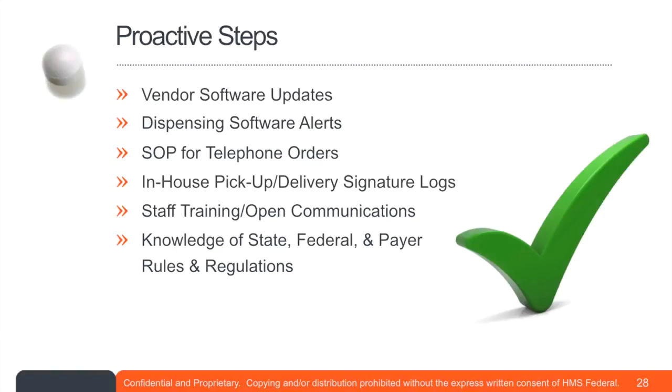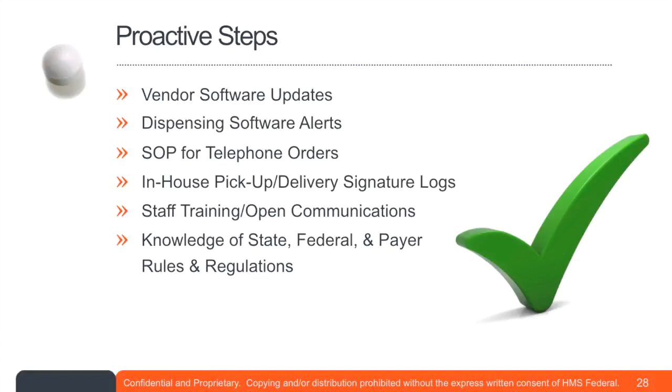The dispensing software updates: if there's an audit at your pharmacy and you see a trend that refill too soons are being overridden, and that was kind of a high alert that got you in trouble with the audit, and you're finding that that's something that really should not be done, have your vendor help you with an alert for that.